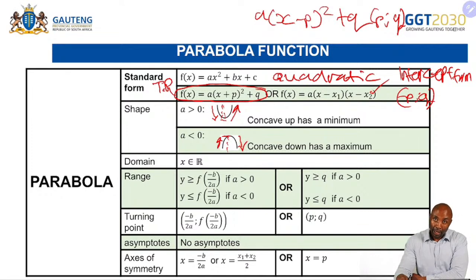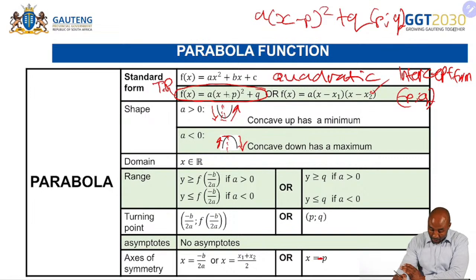We take the x value at the turning point, or our equation of axis of symmetry, we substitute it to our original function, then it gives us the corresponding y value. Or if we are given the turning point form, we can just extract our p as x is equal to negative p there, because we are using the form x plus p.